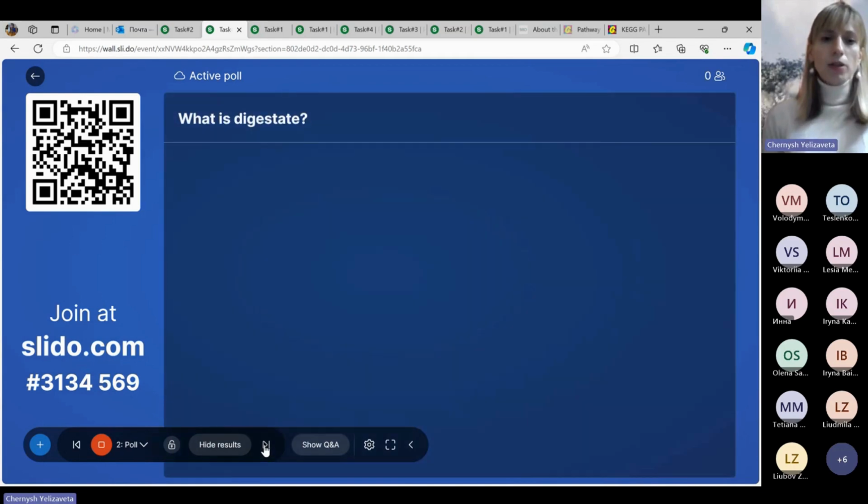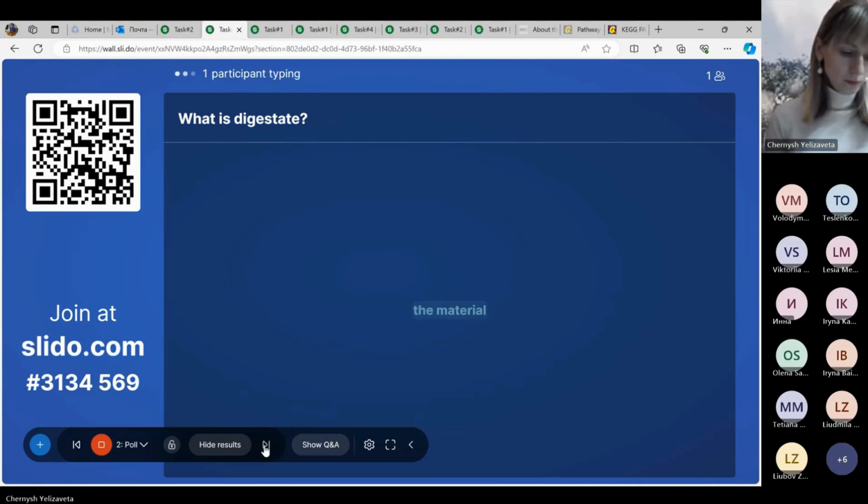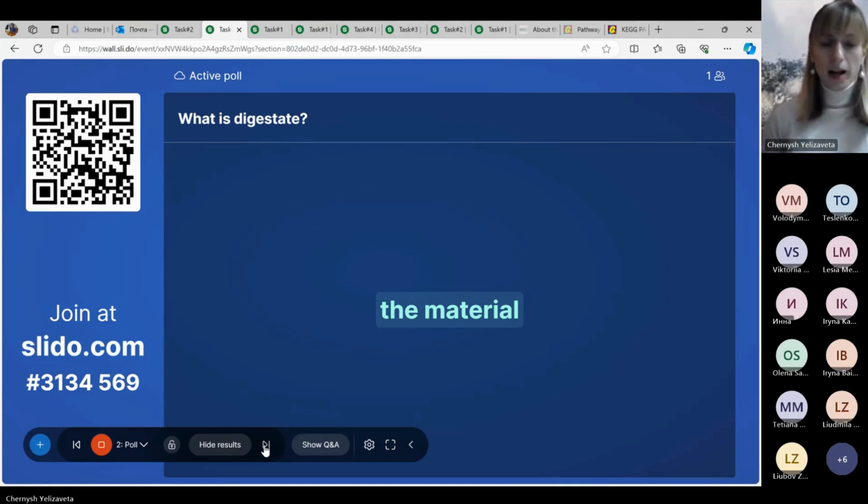Okay, yeah. What is a digestate? It's also connected with anaerobic digestion. From anaerobic digestion, biogas is the basic product, but we can also get other types of products. This is also a product that we can get from anaerobic digestion. And what is this material?